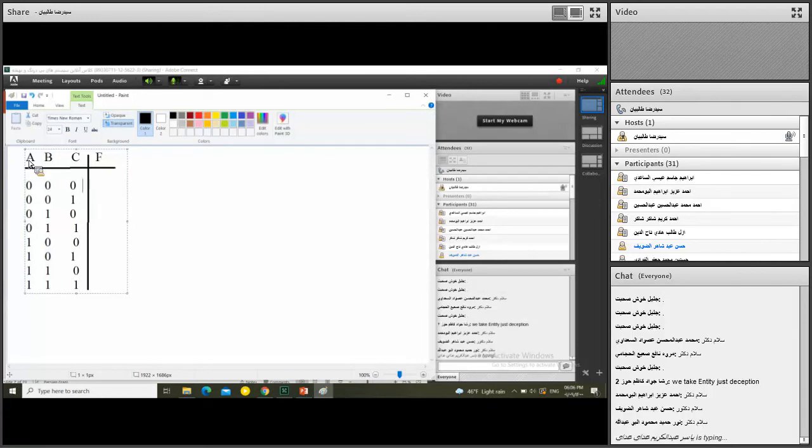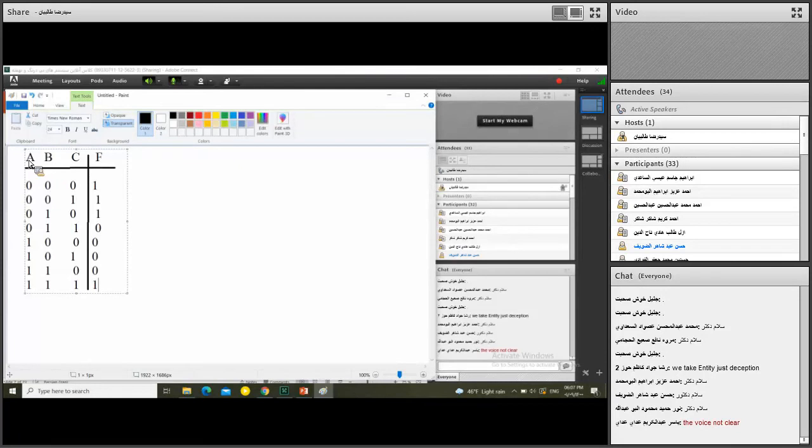And we know that for the logic function, we have a special value in each condition. For example, we can write these values in the truth table for the logic function, such as 1, 1, 1, 0, 0, 0, 0, and 1.